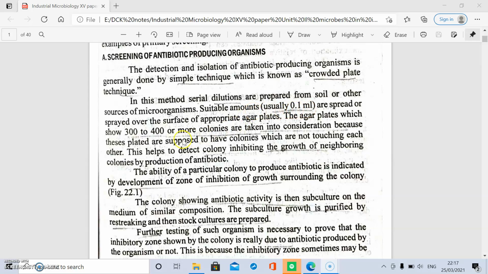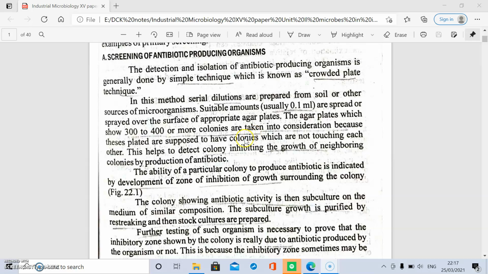From this last dilution, 0.1 ml is spread over the surface of the agar plate, and the agar plate giving a colony count of 300 to 400 is selected.